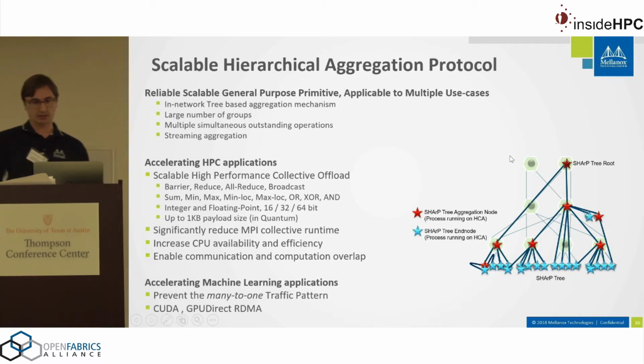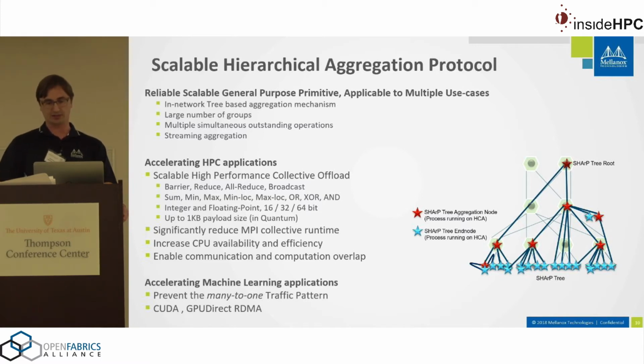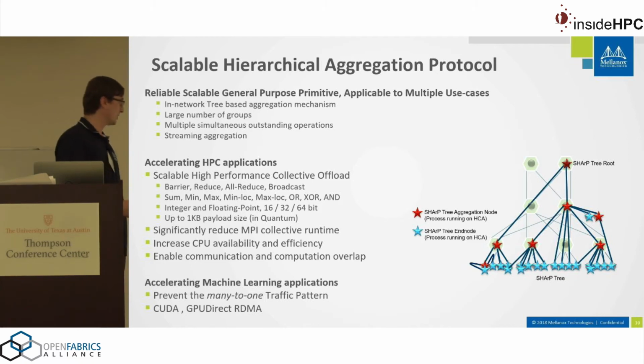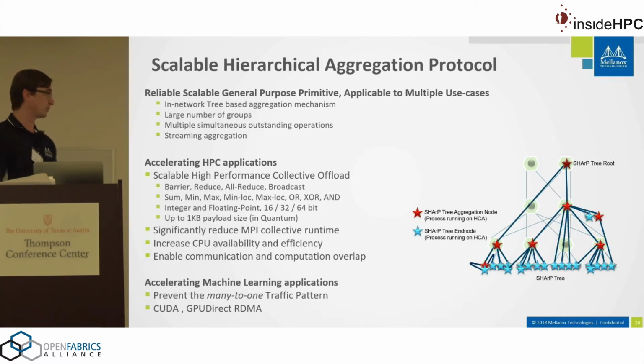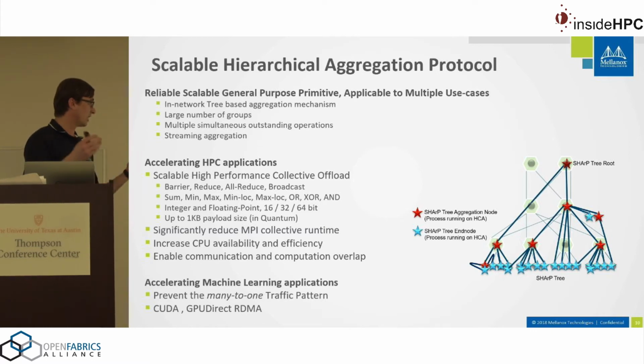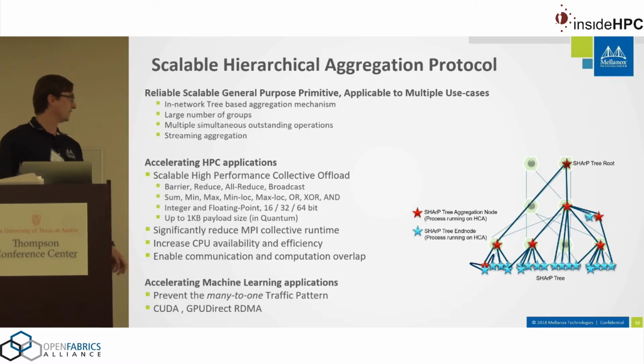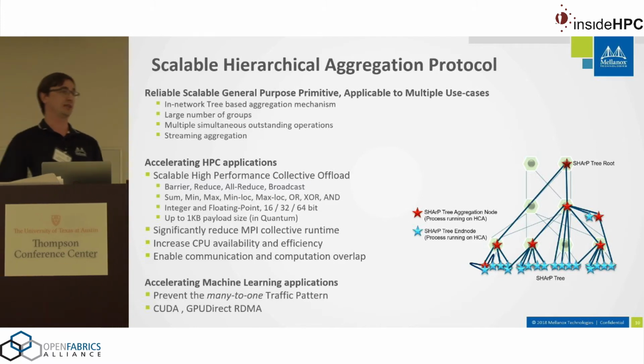Anyways, it's an in-network based aggregation mechanism that supports a large number of groups. It supports some common collective operations: barrier, reduce, AllReduce, and broadcast, and some common reduction operations such as sum, min, max, minloc, maxloc, or XOR, etc. Integer and floating point operations up to 64 bits, and up to 1 kilobyte payload size for small messages.